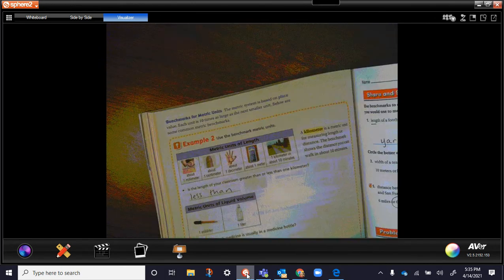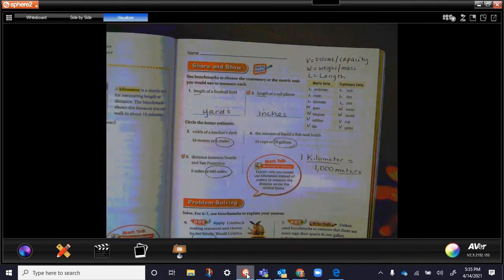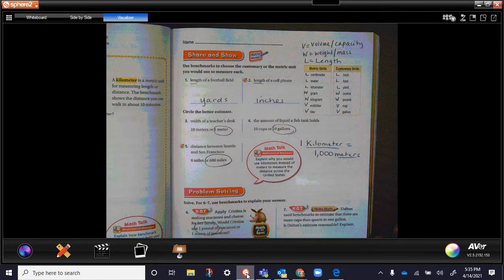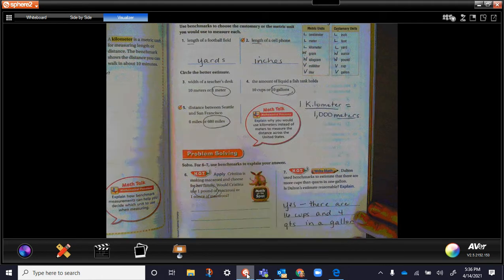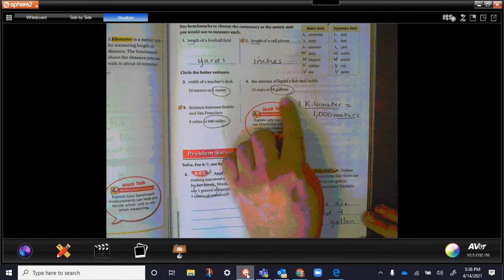The mass of that is really, really small, almost like you're holding nothing, compared to a bat. Whenever I see something measured in grams, I think, this is a very small unit of measurement, and having that to refer back to is helpful. We went through here, and this is all about finding the appropriate unit. Are you going to be using 10 cups, or are you going to be using 10 gallons?